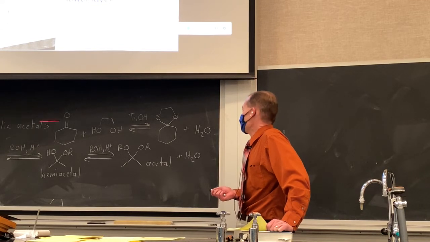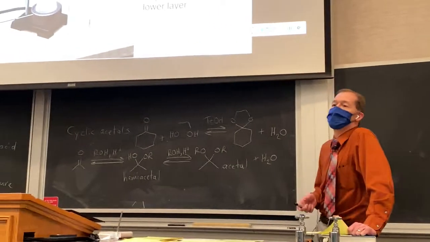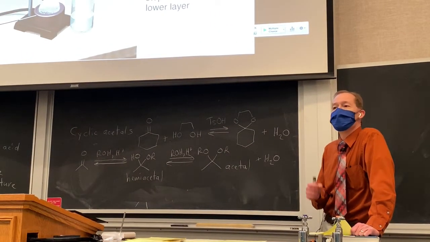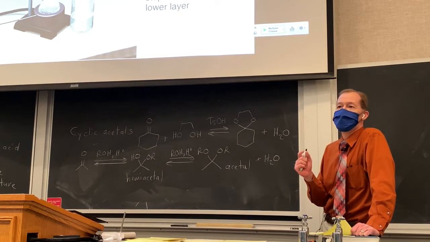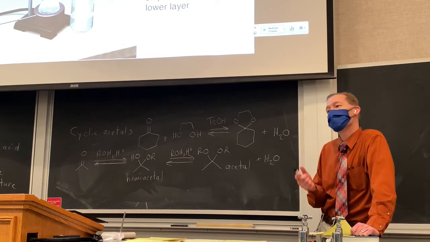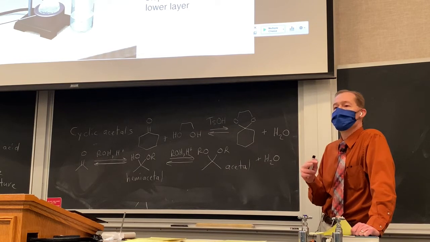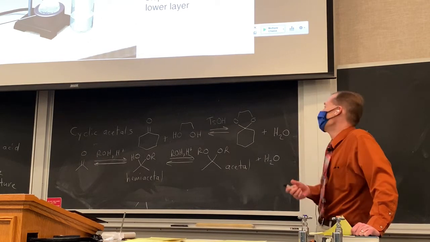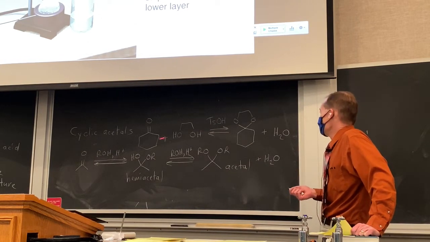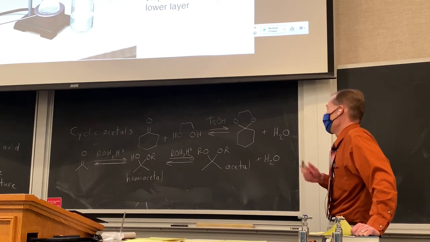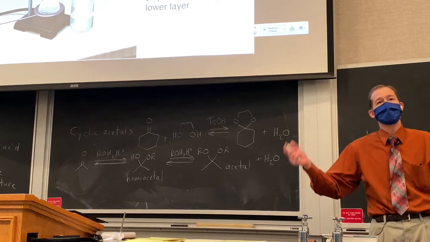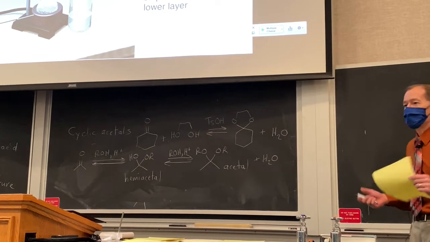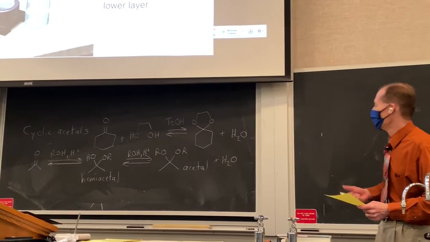Cyclic acetals are a common form of acetal. If we use one equivalent of a diol, as opposed to two equivalents of a monoalcohol, then the product we obtain will have a ring, because both alcohols that are reacting are going to be from the same molecule, and they'll form a ring.